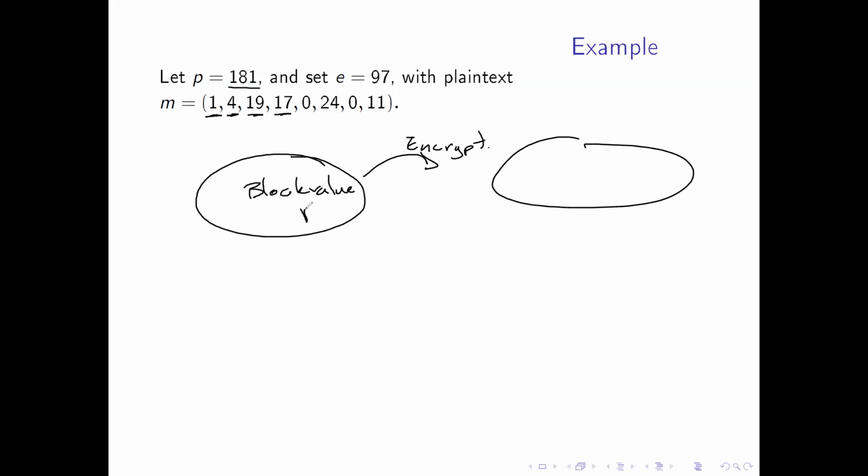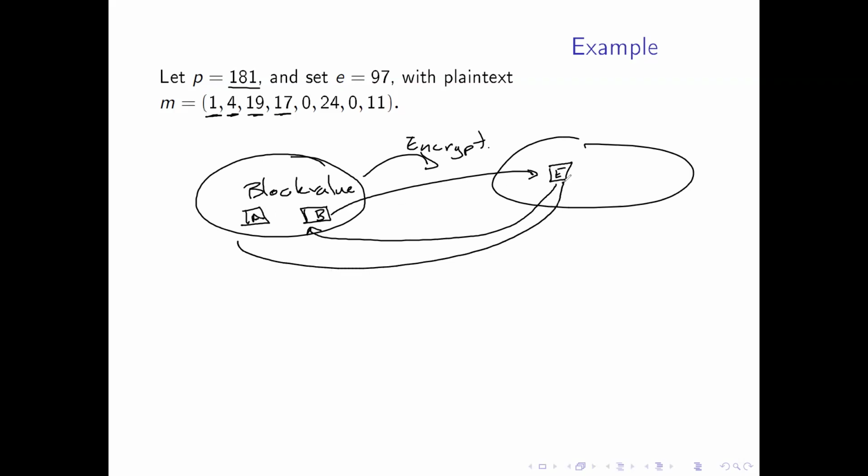So if I have a block value, we'll call it B, and I send that value B over here to a new encrypted block E, I need to have some way to get back specifically to B. If the P I choose is too small, then when I come over here, there potentially could be two different blocks, let's call them A and B, that E can go back to. And if that happens, my encryption has failed.